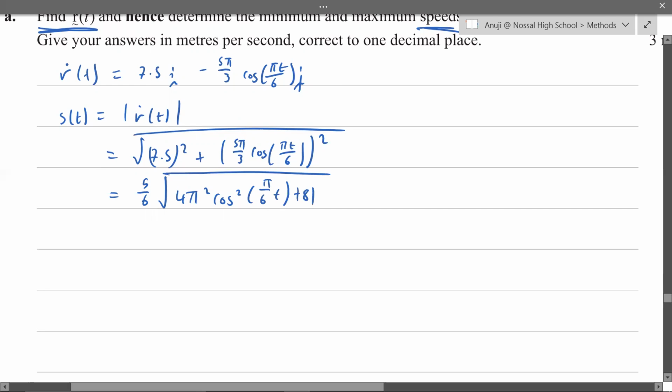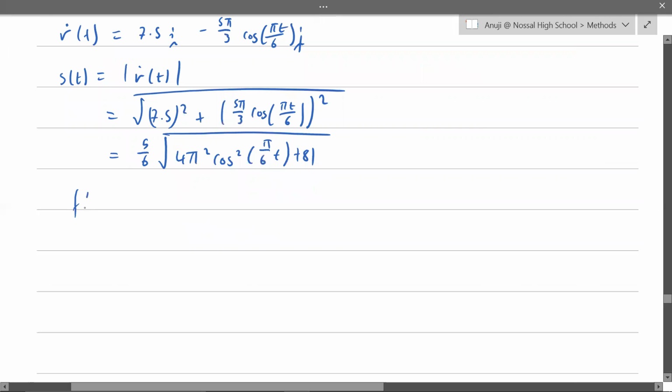And there's a function called fMax and fMin, and you can just put that in here. I put my boundaries as 0 to infinity, and the min speed was 7.5, and the max was 9.1.